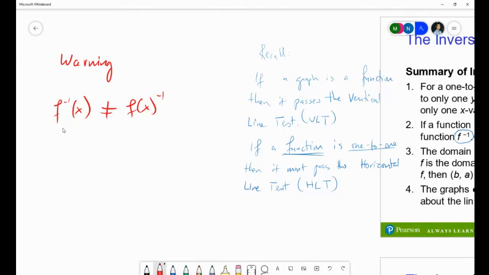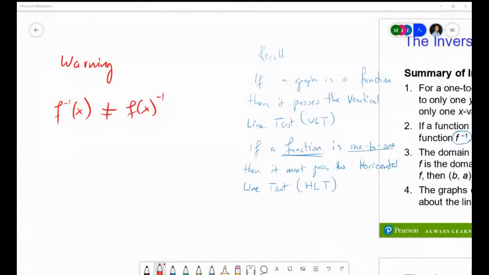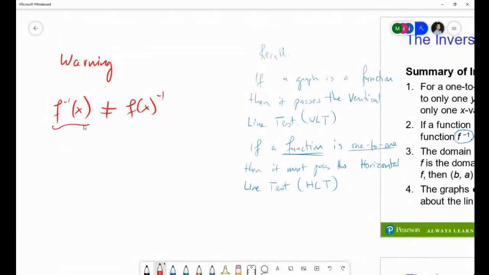Anyone? Well, on the left-hand side, this is the inverse notation. On the right-hand side, this is the reciprocal notation, which means that it is equal to 1 over f of x. Okay, so be careful with that.